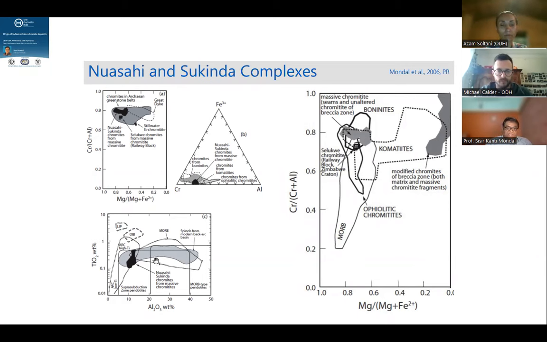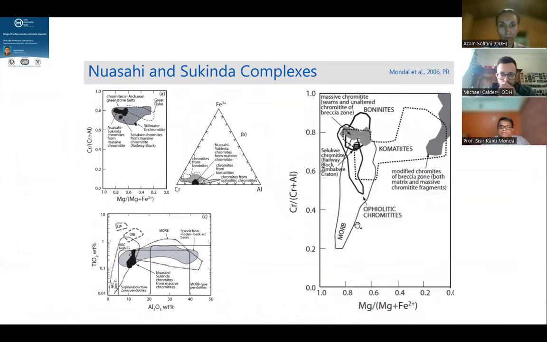And there is a discrimination plot proposed by Kamenetsky based on chromite and melt inclusion studies of volcanic systems. In terms of the TiO2 versus Al2O3 plot, there are definite fields for different tectonic settings. And these Nuasahi and Sukinda chromites show resemblance with arc-derived magmas.